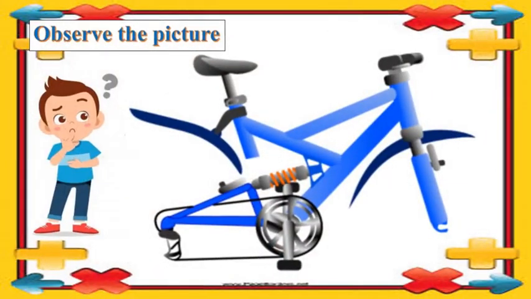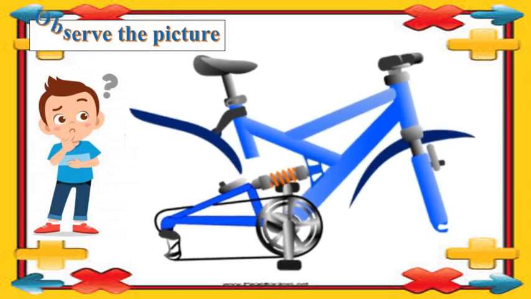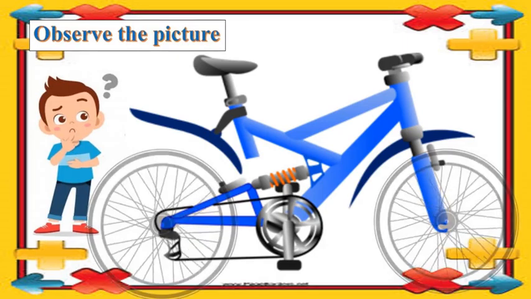Now I will show you a picture of a bicycle. Then observe what the missing parts of the bicycle are. Yes, you are right. The missing parts of the bicycle are the wheels.